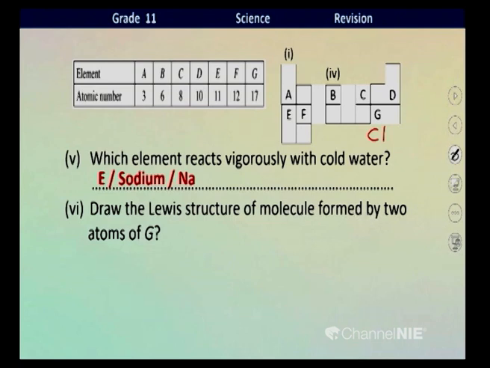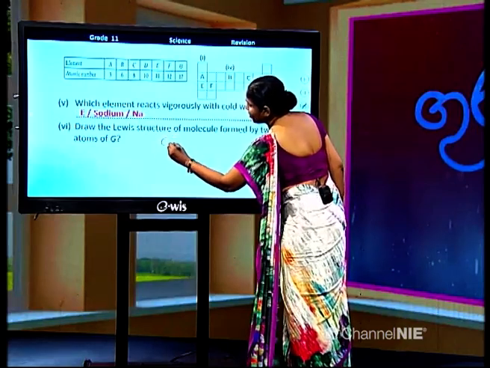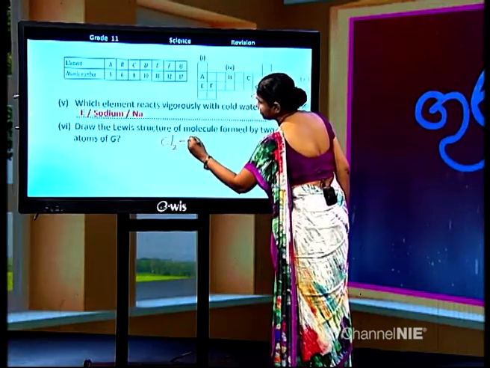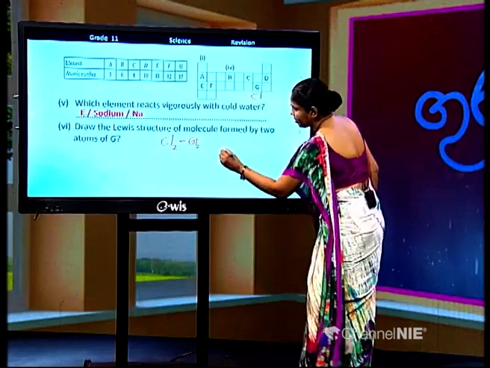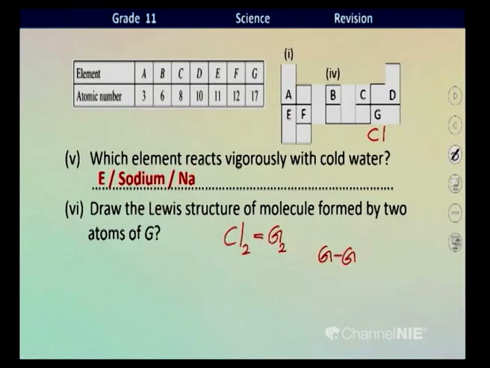Then how to draw the Lewis structure of the Cl2 molecule or G2 molecule? If two atoms are joined, G2. This is how Cl2 or G2 molecule is formed, right? G, G with a covalent bond in between and lone pairs of electrons.